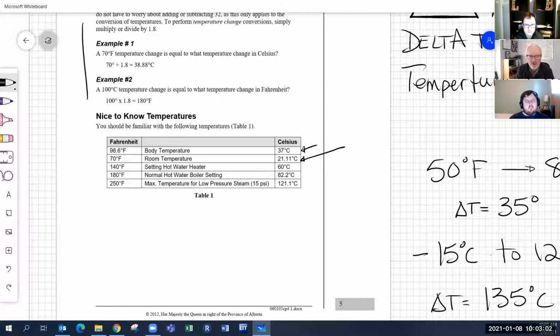My wife all the time likes to jack this temperature up quite a bit on the thermostat, but I keep turning it down. What's really nice is I have this on my phone. You can see that.